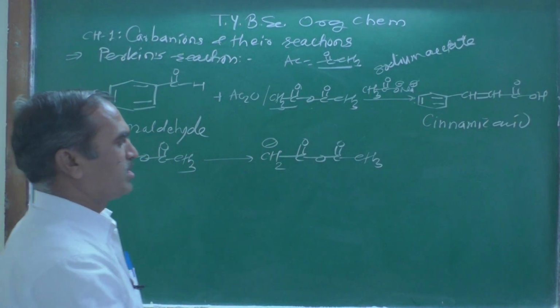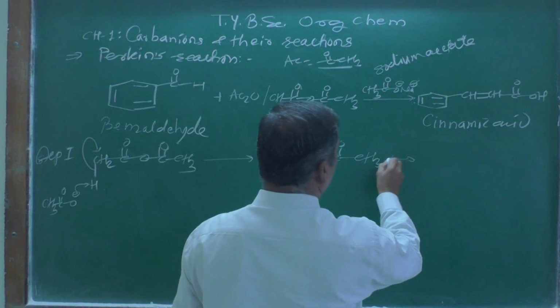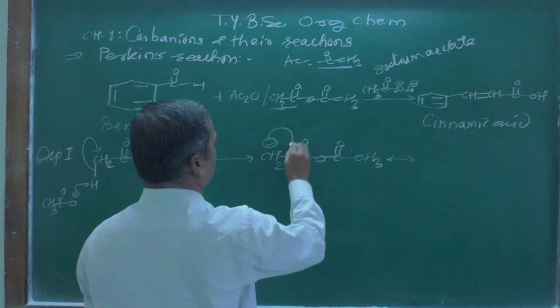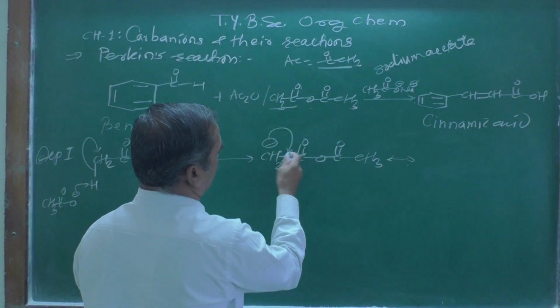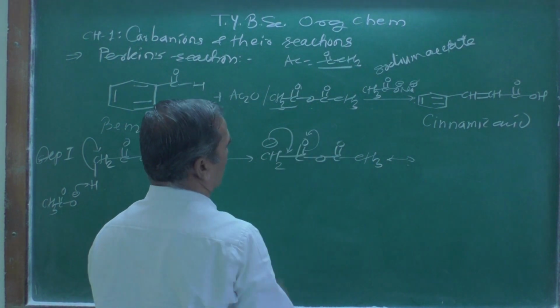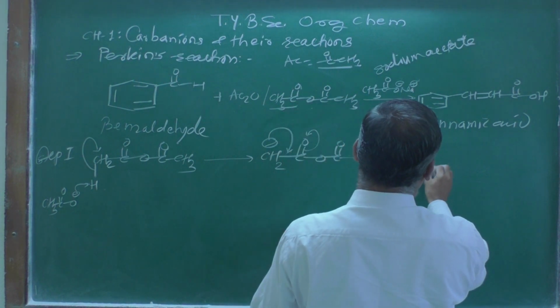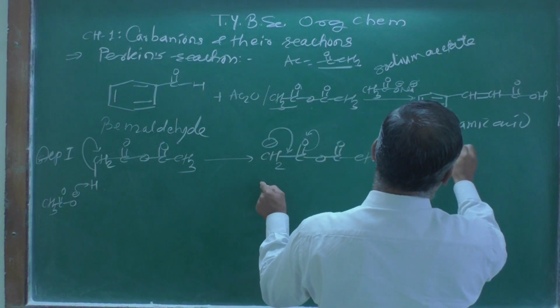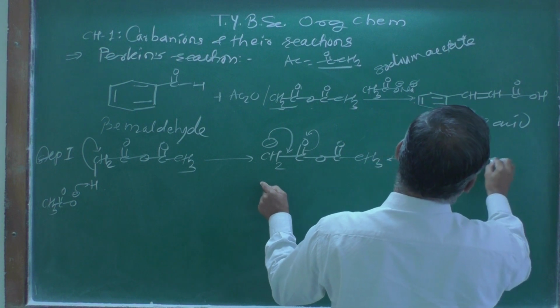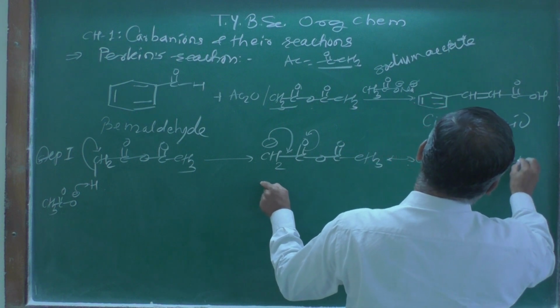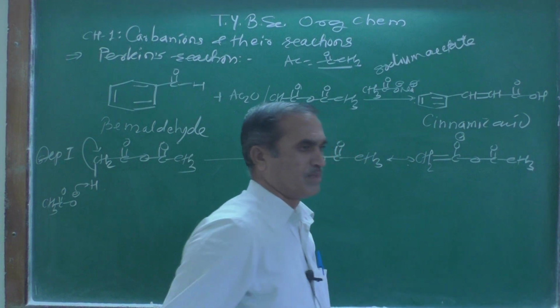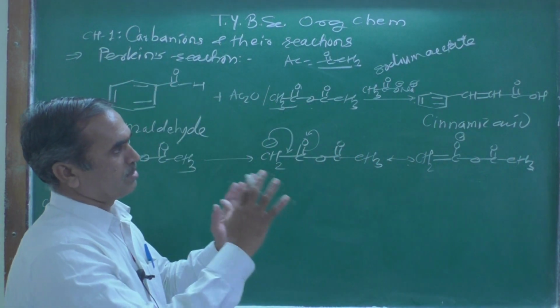And this carbanion you can show as a resonating structure, forming a double bond with the negative charge developing on that oxygen atom: CH2 double bond C, O minus, then O, C double bond O, CH3. The other part of the organic compound I am keeping as it is.